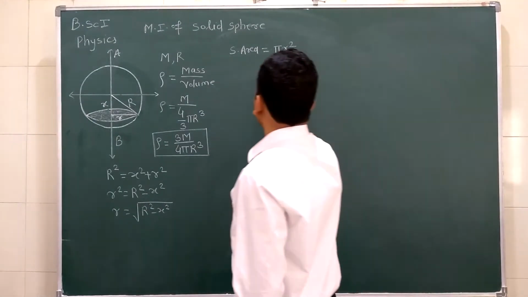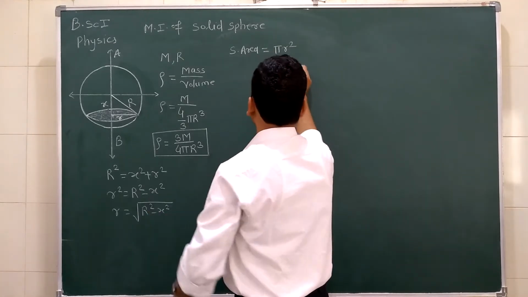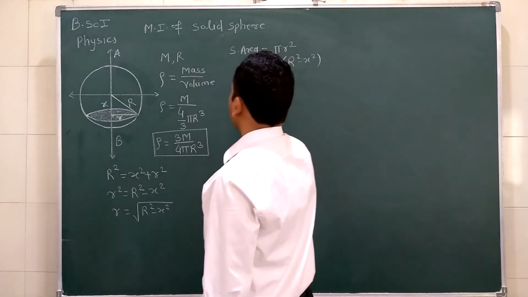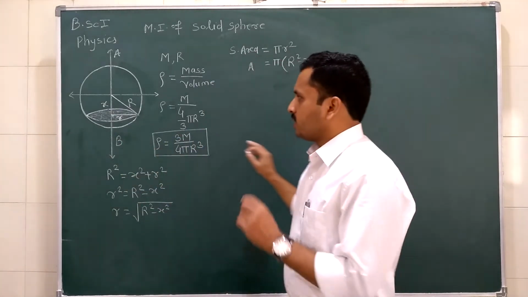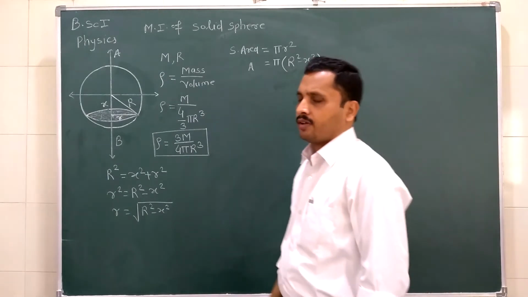So pi r square is equal to pi times (R square minus x square). This is the surface area of this small disc having thickness dx.